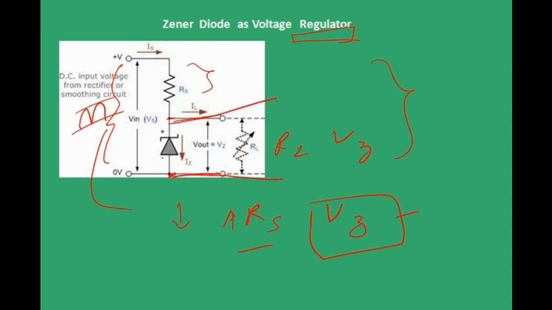This is our output, right? That is used to run our device. That will be constant, and hence voltage is regulated. And note that voltage is constant across the diode, not the current. That is, if the voltage increases or decreases with the input, then current may increase or decrease in the diode. It doesn't matter. However, the voltage will be same.